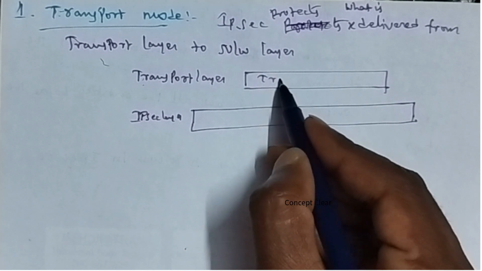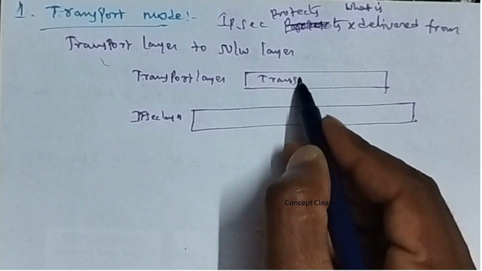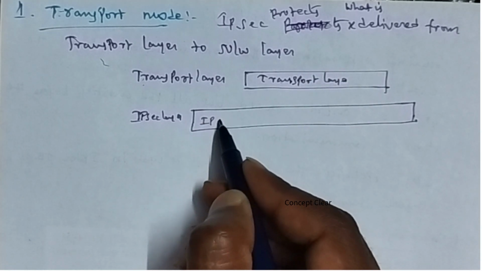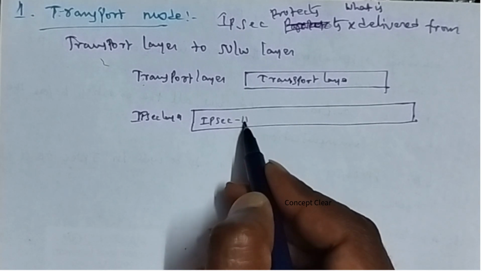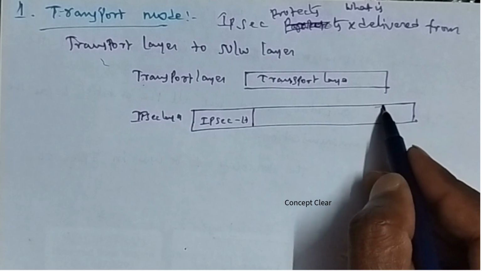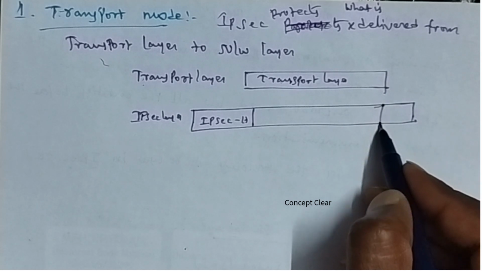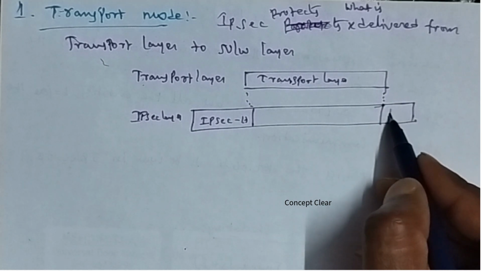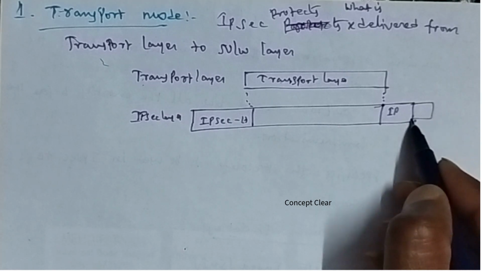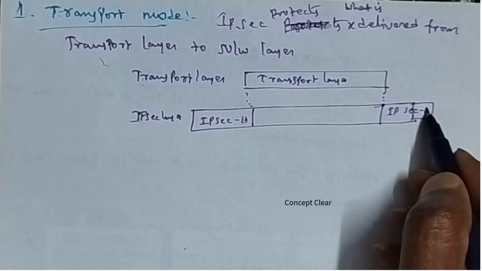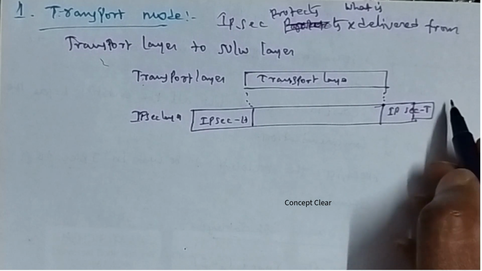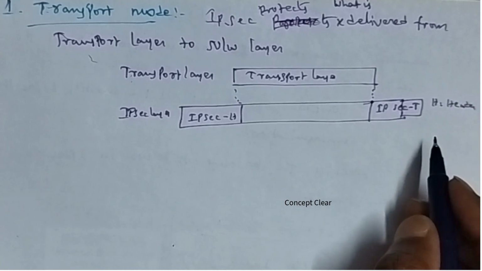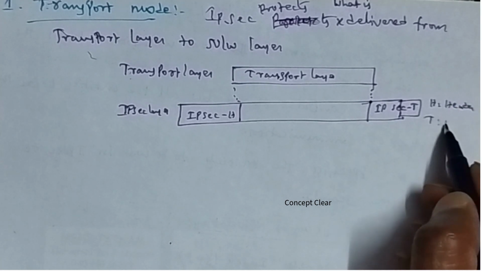It is the transport layer, IP security header, and IPsec, where H is nothing but header and T is nothing but tail.